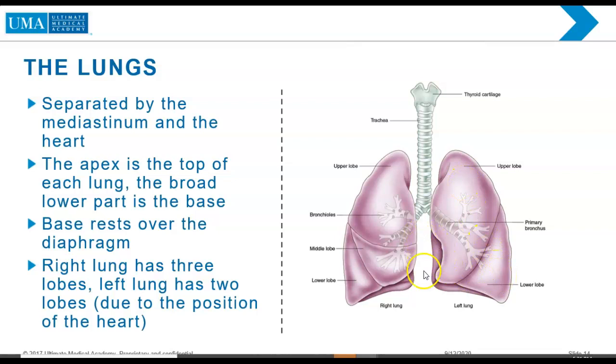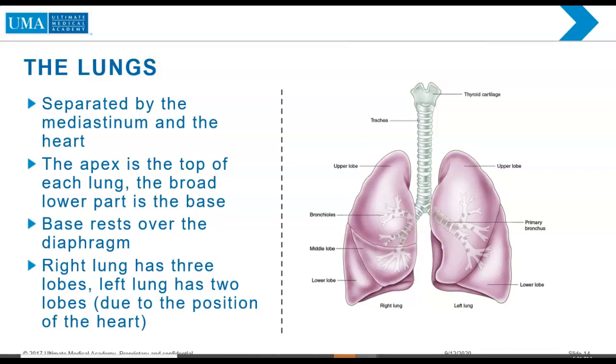So right in between here, this space is referred to as the mediastinum. You see how the left lung here has a concave space. This is due to the heart. This is where your heart would be, and the apex of the heart leans here towards the left. So that's why the left lung is essentially smaller than the right lung.